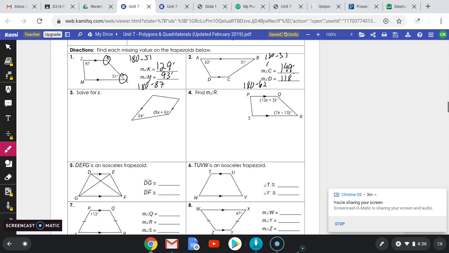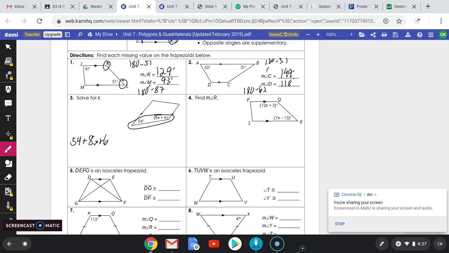All right, how about in terms of algebra here? Again, we have non-isosceles trapezoids, so what do we know about the relationship between these two angles? You'd be correct in saying that they're supplementary. So I take 54 plus 8x plus 6 and set it equal to 180 and solve for x.